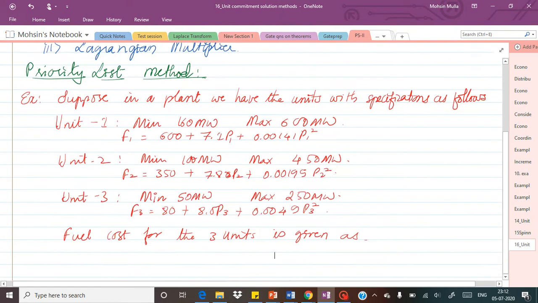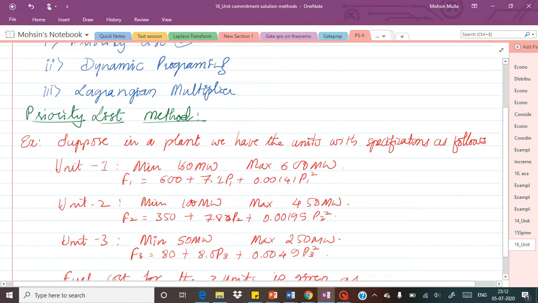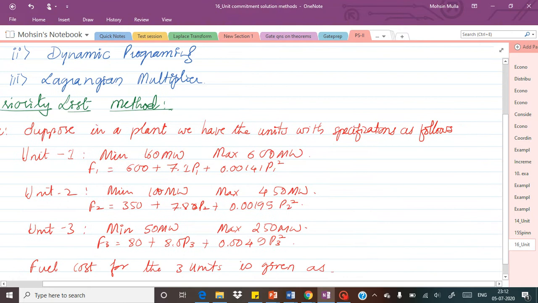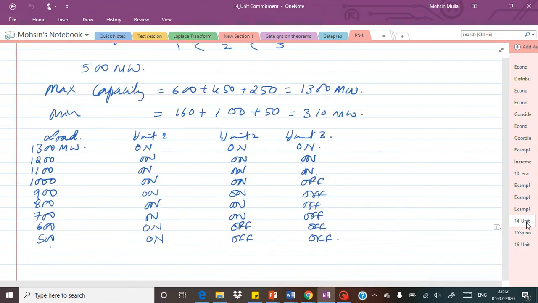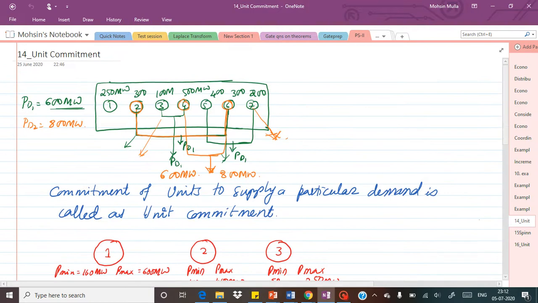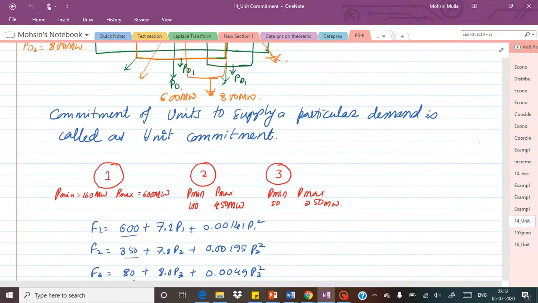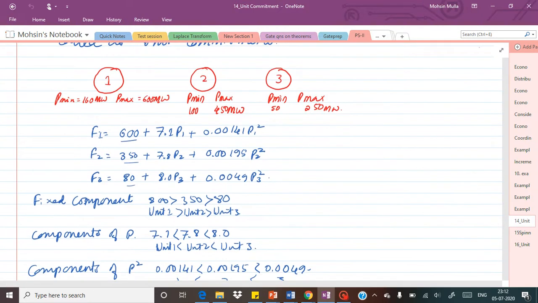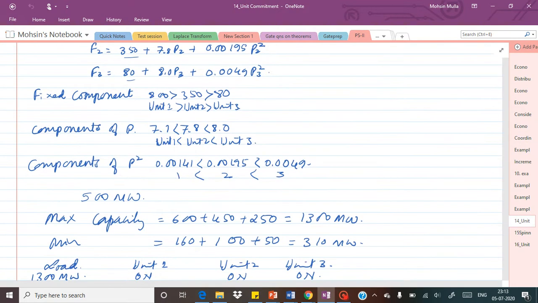Previously we had taken one example while discussing unit commitment, I think in lecture number 14. There we saw the concept of unit commitment, and based on the fuel consumption equations of the three units we determined that the most economical units will be kept on all the time, and the least economical will be turned off first.